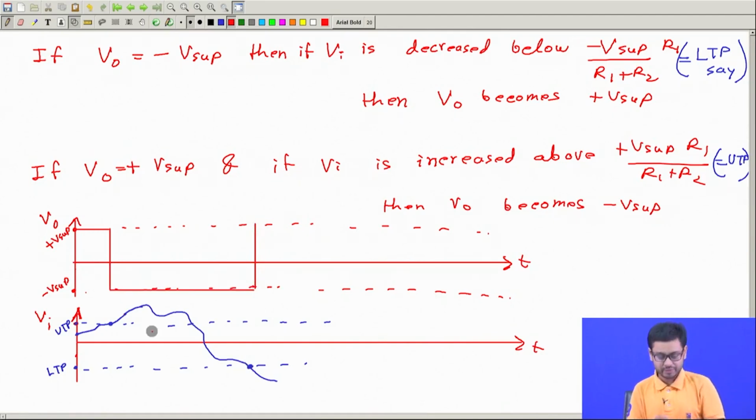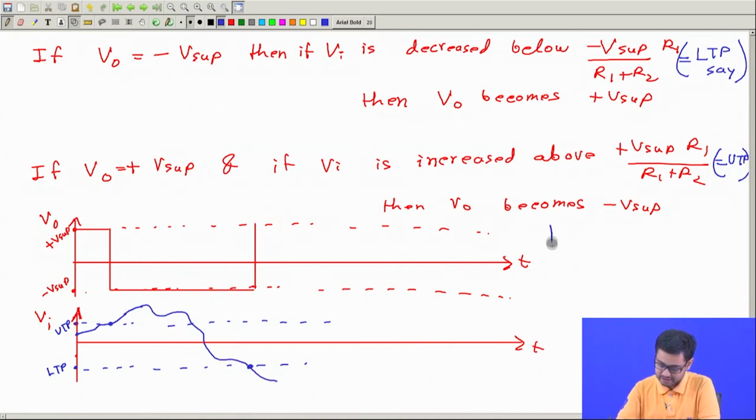This is exactly like a Schmitt trigger, right? This is the upper trigger point of a Schmitt trigger, lower trigger point of a Schmitt trigger. The only observation is that it's an inverted Schmitt trigger, because when input increases, output decreases, and here input decreases, output increases.